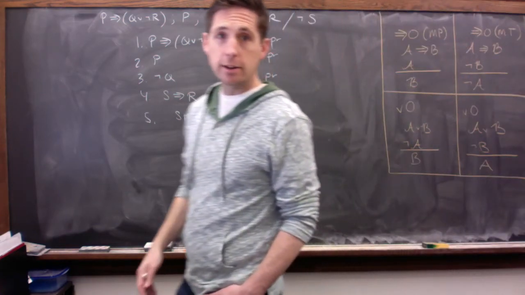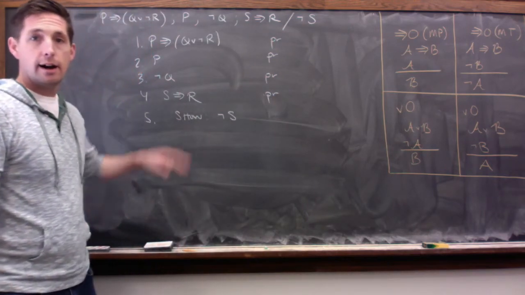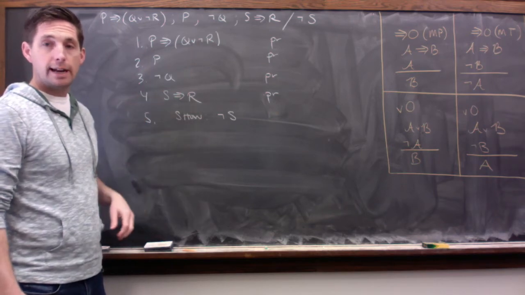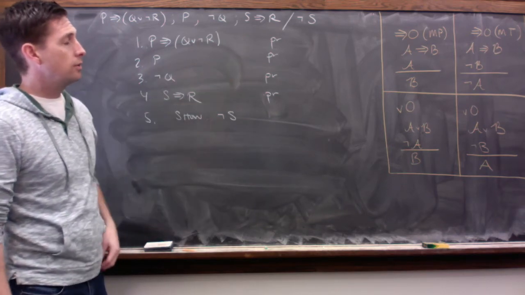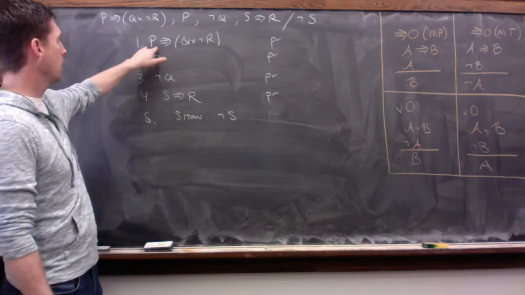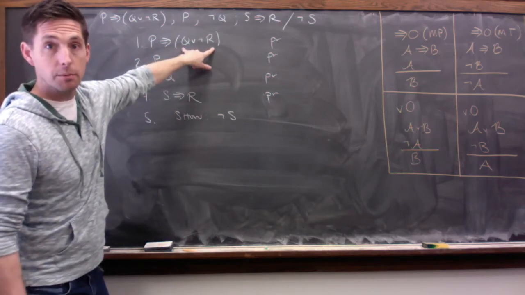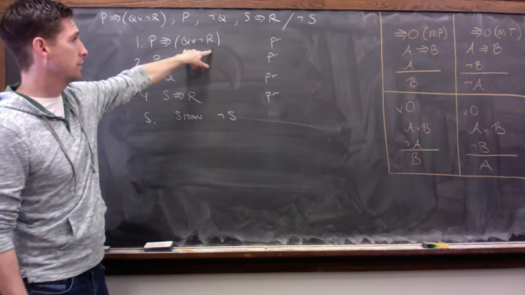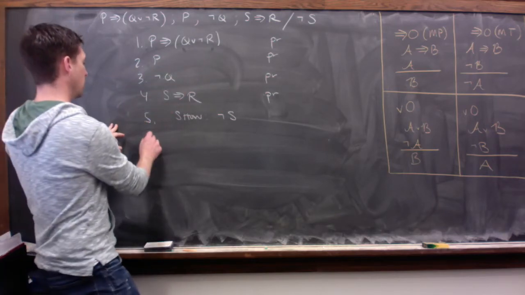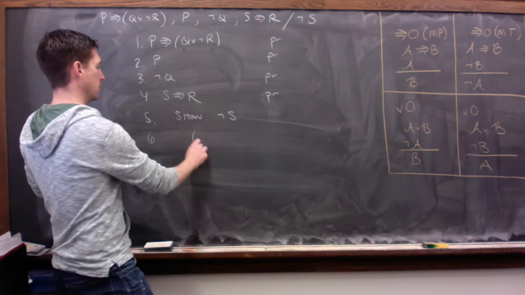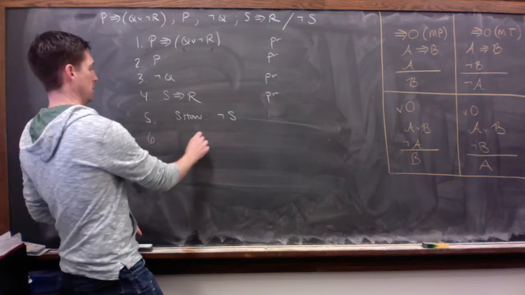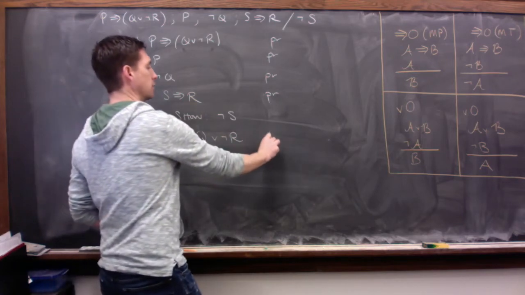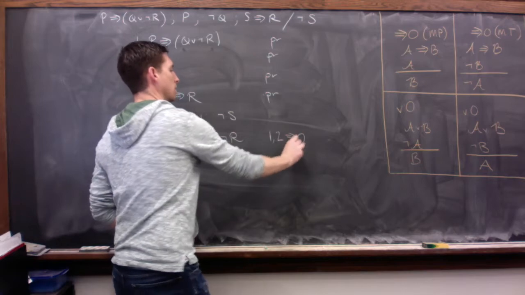So the first thing you might notice is that if you look at the first 2 premises, P arrow Q or not R, and P, that actually has the right form to use the modus ponens version of arrow out, because we've got something of the form A arrow B, and we've got A, so the rule says we can derive the B formula. So that's what I'm going to do first here. Underneath our show line, I'm going to write down, don't need the parentheses anymore, Q or not R, and that comes from lines 1 and 2 by our arrow out rule.